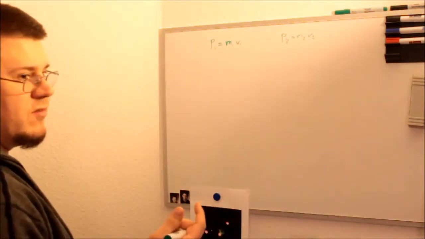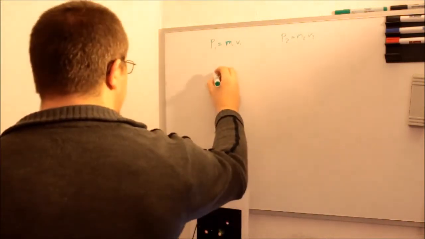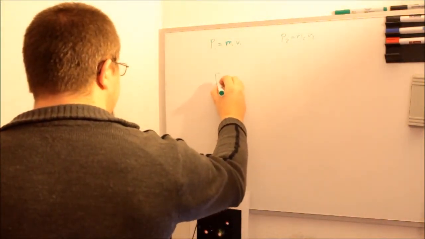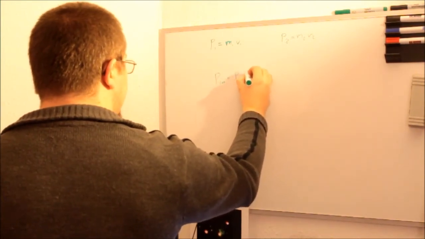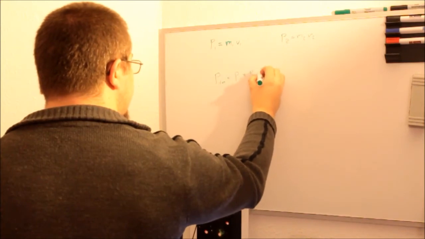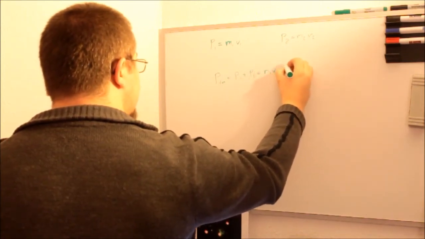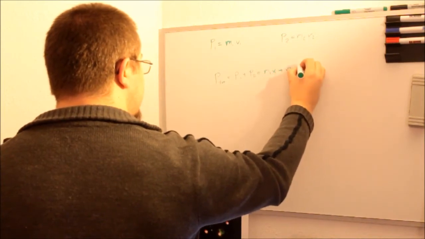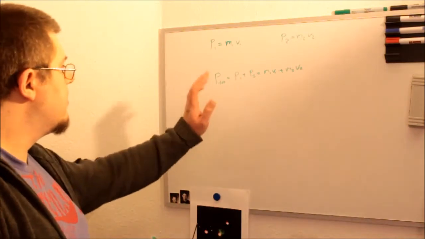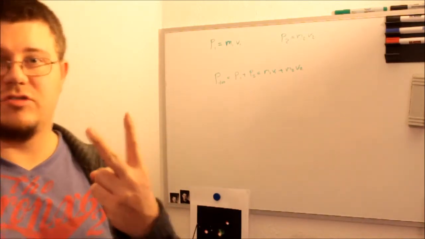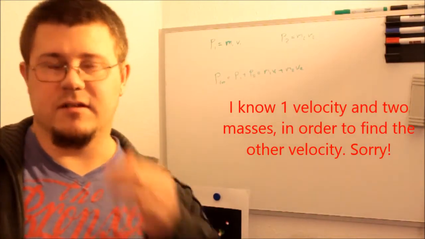The conservation of momentum says that the momentum has to be conserved. So the total momentum must be P1 plus P2, and that is equal to M1 V1 plus M2 V2. That means that if I know two velocities and one mass, I can find the other velocity.